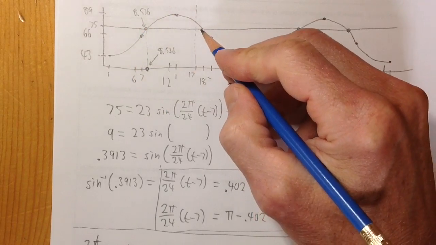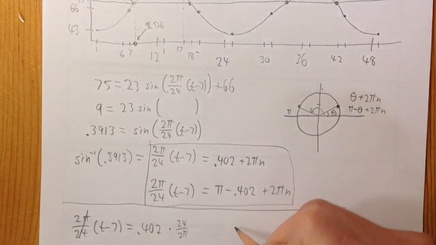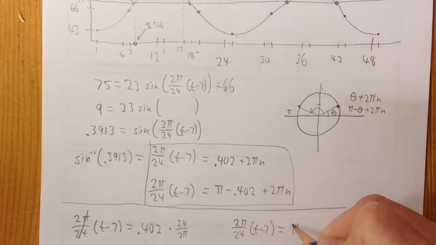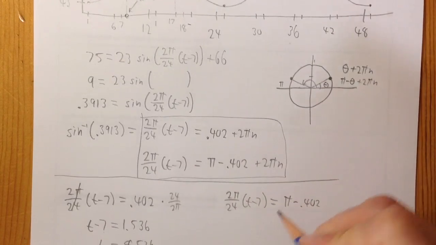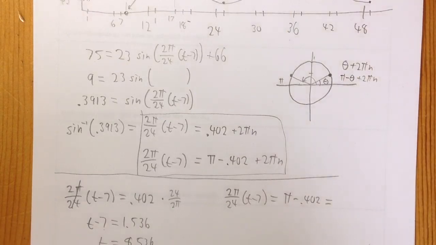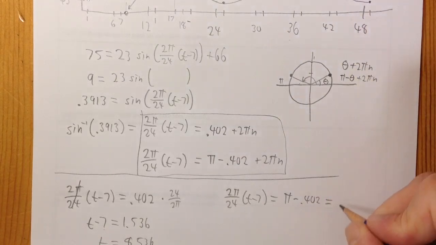Now we've got to figure out this dot. That's going to be our other one. Okay, so let's do that one. We have 2 pi over 24 (t minus 7) equals pi minus 0.402. What's pi minus 0.402? It's 2.73, about 2.74.